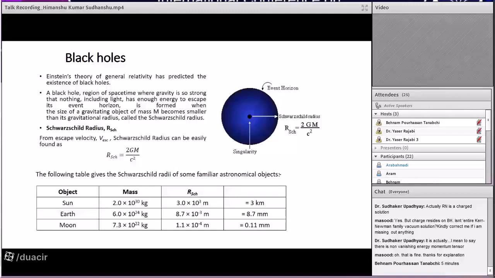It will become a black hole when its gravitational radius shrinks to just about 3 kilometers. For Earth, this Schwarzschild radius is less than 8.7 millimeters, and for the Moon, it is just less than 0.1 millimeter.